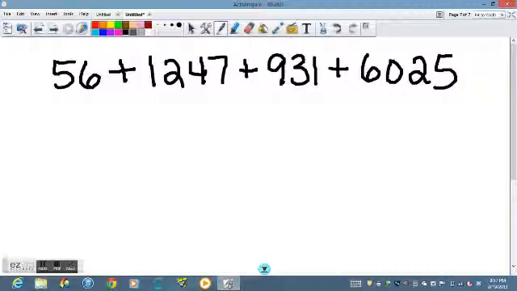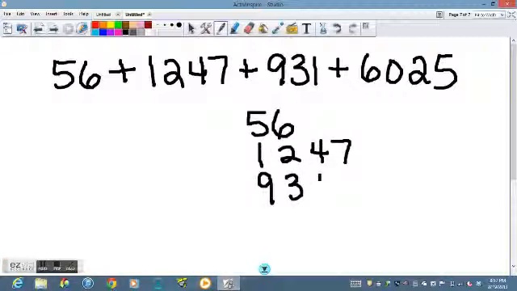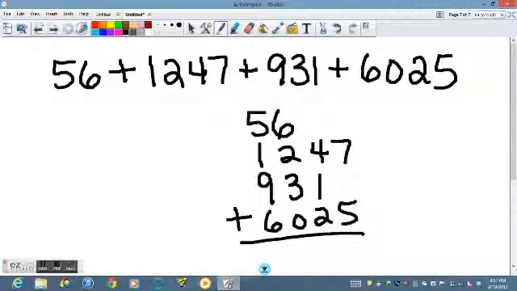Okay, so if we write it in a column, I'm going to do that, but I want you to tell me what's wrong with what I'm about to do. Okay, so if I write the first number, 56, and then I write the second number, 1,247, and then I write 931, and then 6,025, and I'm going to add those. What's wrong with the way that I wrote that?